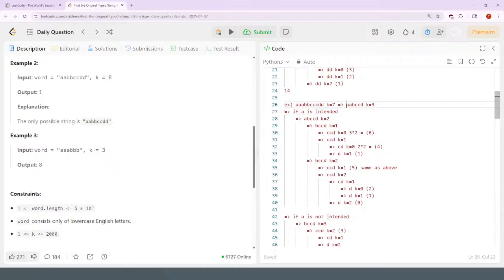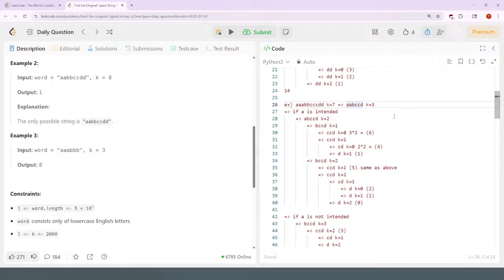One A is intended, k is decremented by 1. That branch ends up being a total of 6, 4, 1 plus another 2. So 1 A is intended, or 2 A's are intended.